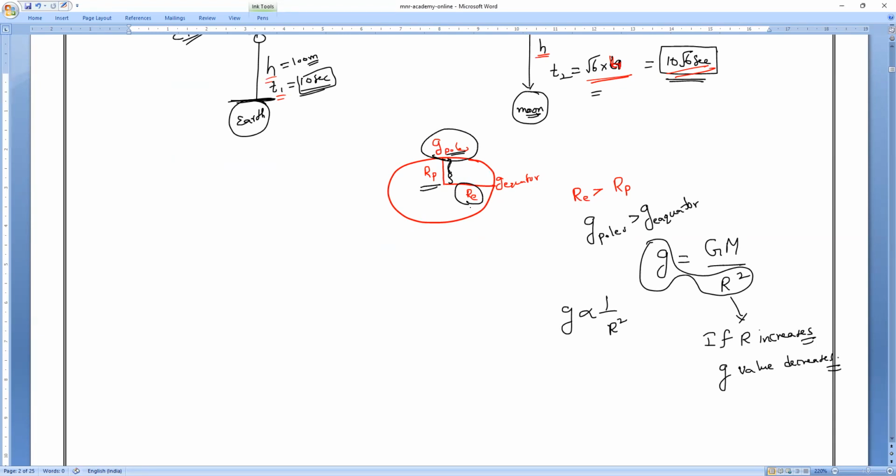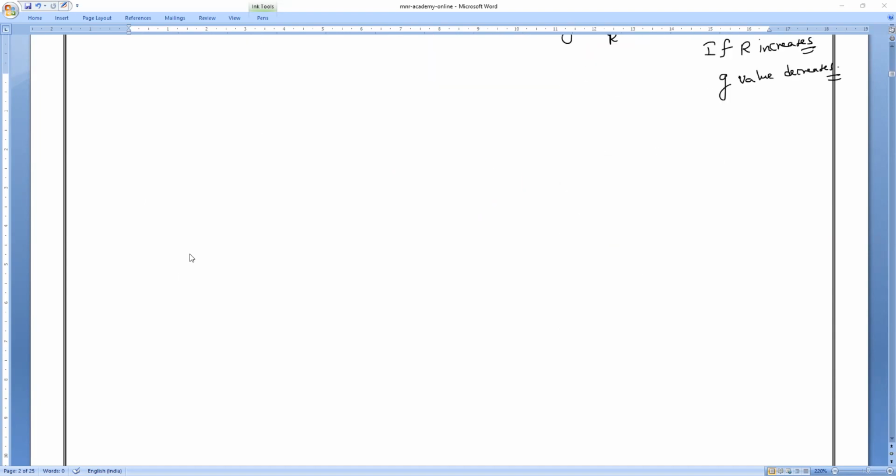At the equator, the radius is more, so the gravity will be less. Am I right? Clear, everybody? Now let us see. It is an extremely higher order thinking skill. Based upon this small concept, we are going to make a big question now. So write it, everybody.